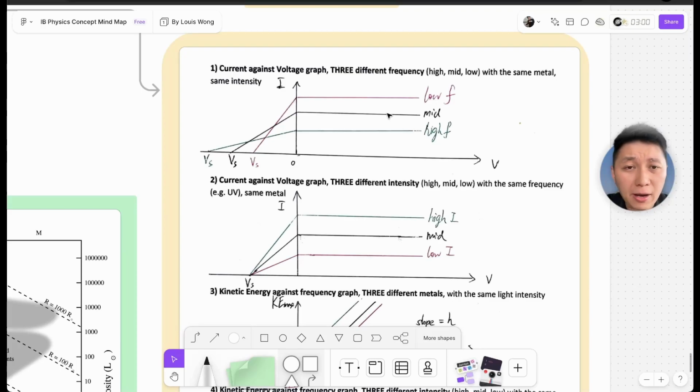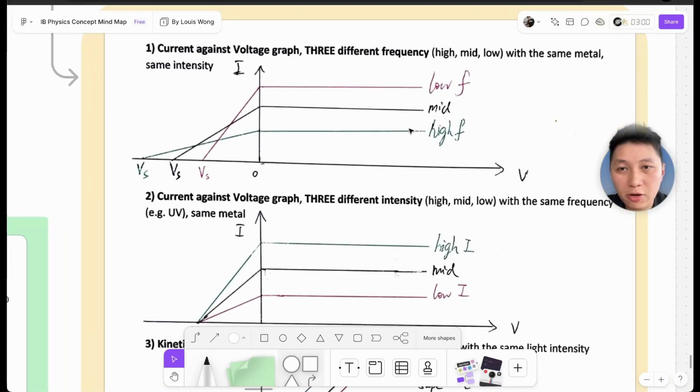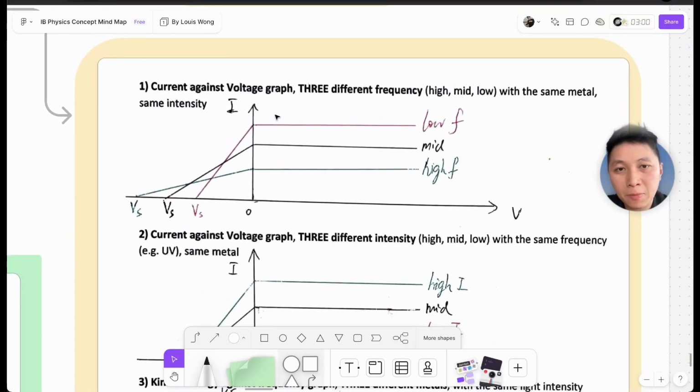Remember I just said that changing the frequency without changing the intensity will affect the number of photons emitted. Here's a graph showing different frequencies, same metal, so same work function, same intensity. What happens when you have different voltage? At the very beginning is the stopping voltage, and after that you start to receive electrons.